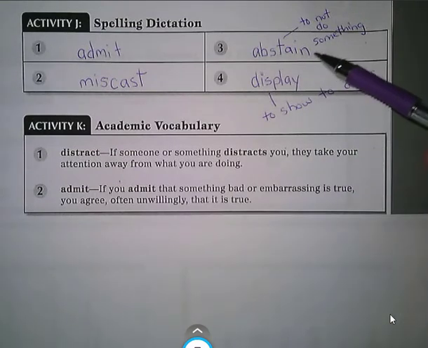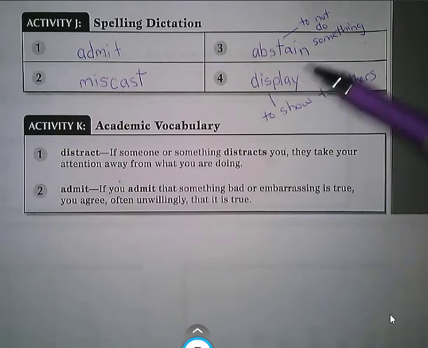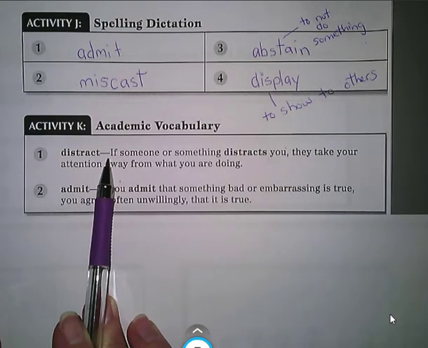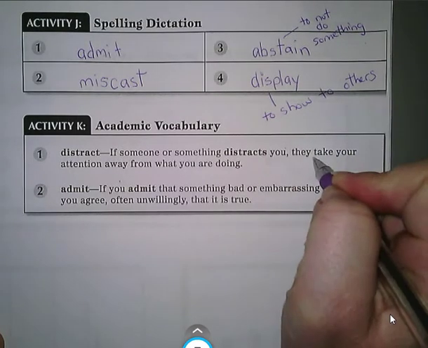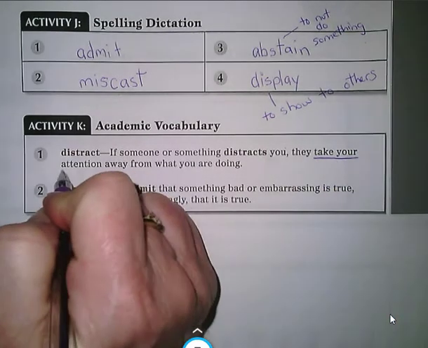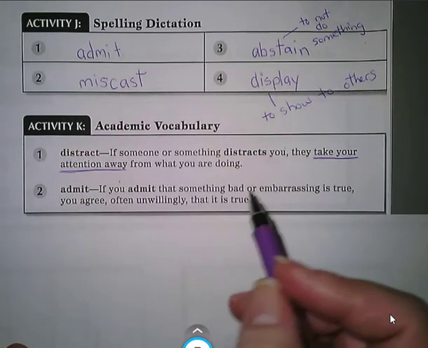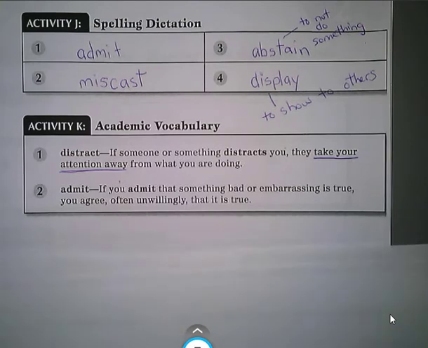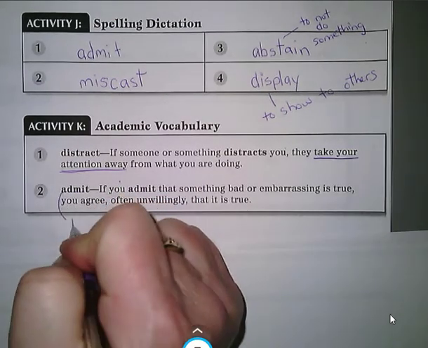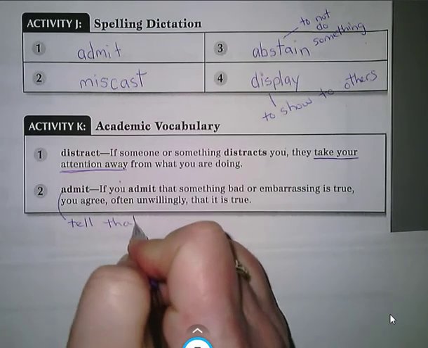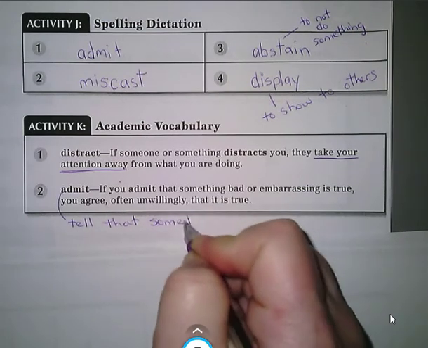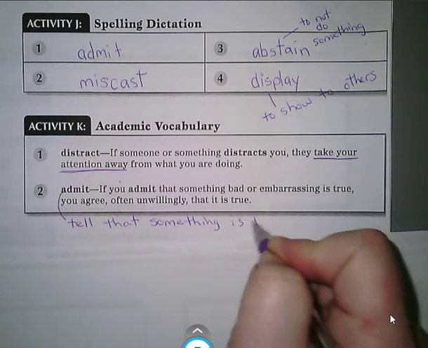So I do want you to know the meaning of the word abstain, the meaning of the word display, the meaning of the word distract. All you really have to know is to take your attention away. Doesn't have to be from what you're doing, because it's taking your attention away. So clearly it's not on what you're doing if it's being taken away. And when you admit something, basically all you have to know is to admit is to tell that something is true.